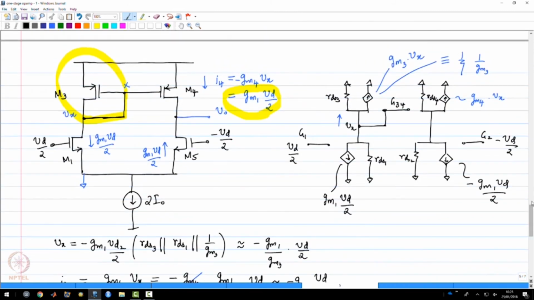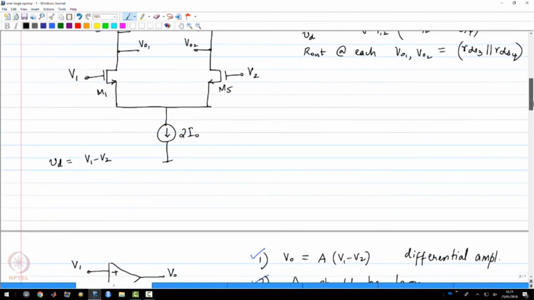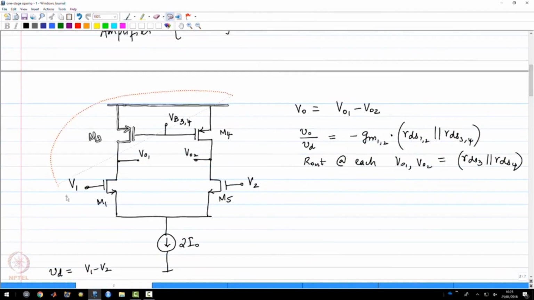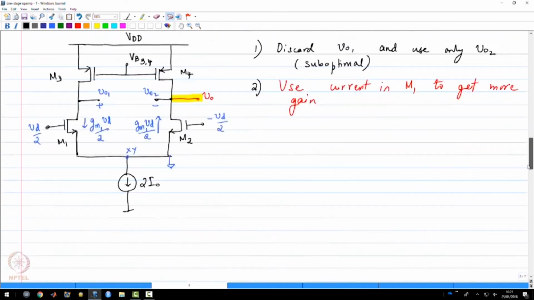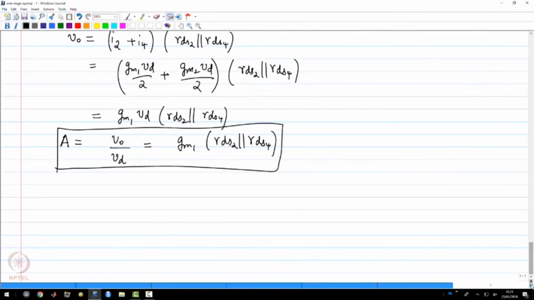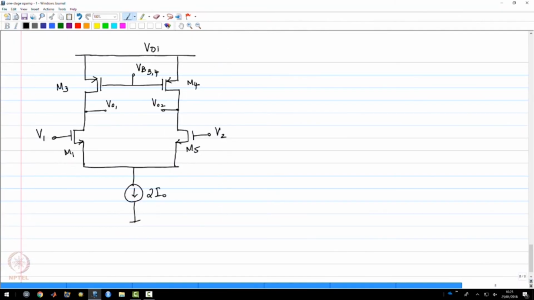Now there is only one final addition to make for this circuit, which I will now show. So let us draw the circuit in its entirety. So we only have one extra addition to make, which is that we need to do something about this current source 2I0.